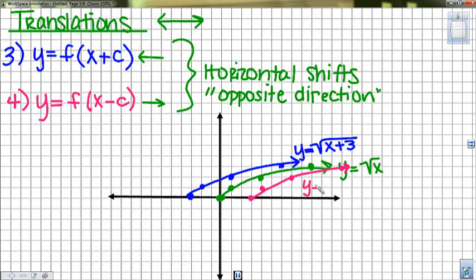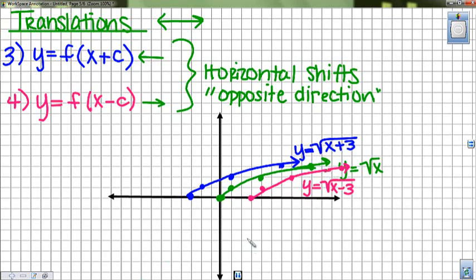Now that would be y equals square root of x minus 3. I actually should have drawn this green one a little more accurate. I have it coming back down a little, and it does not. So if I drew it, because it continues to increase slightly, it wouldn't actually overlap that like it looks.